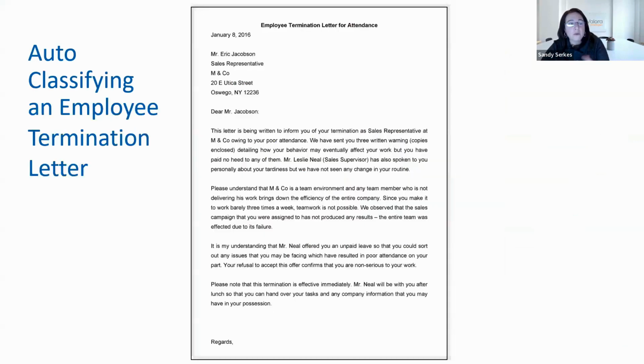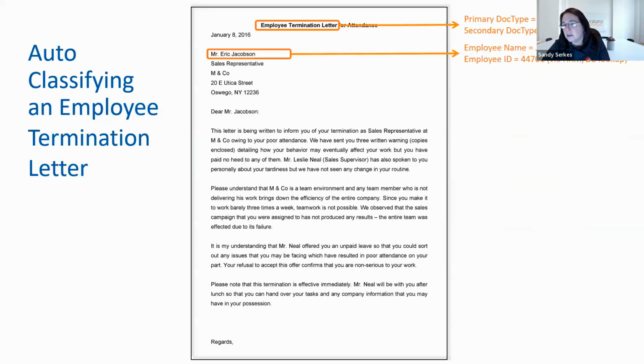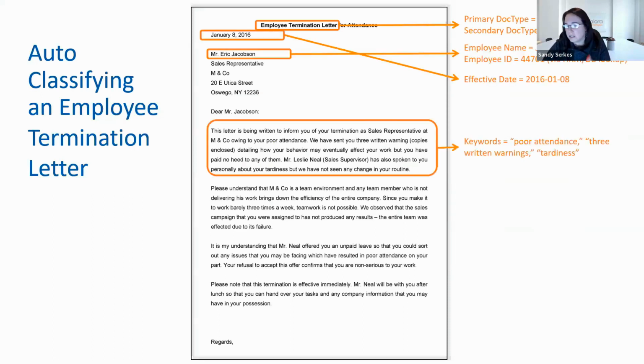Okay, another one. This is a little more sophisticated. So same idea, it's going to pull out all that delicious metadata. And by the way, look really carefully here at employee ID. This is not present on this document anywhere. So how did the auto classification software know this?